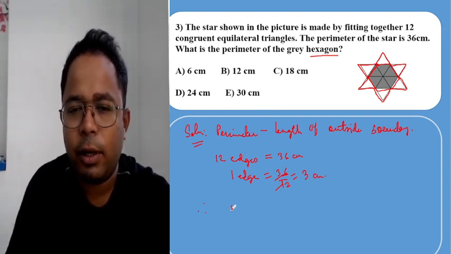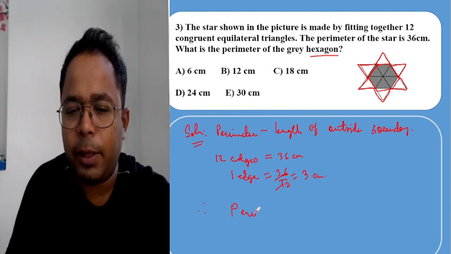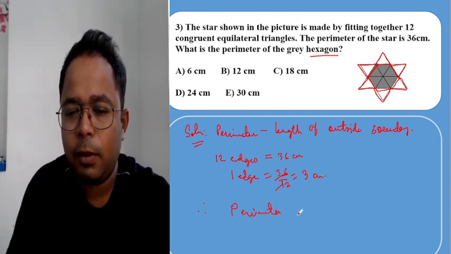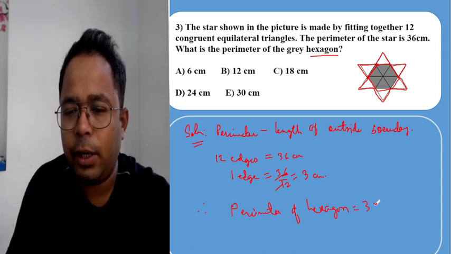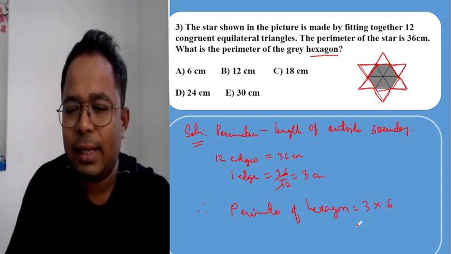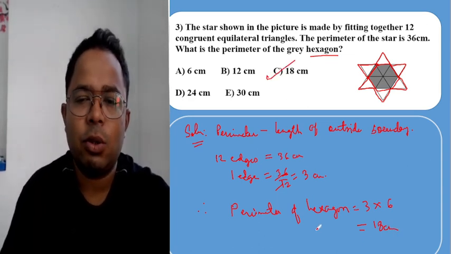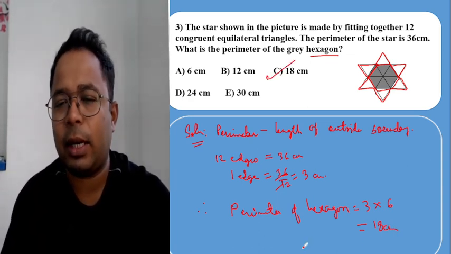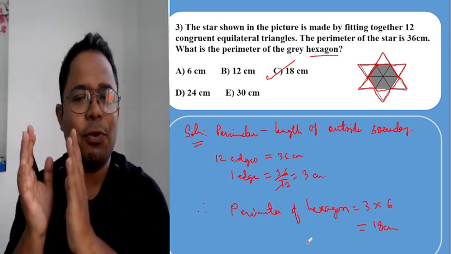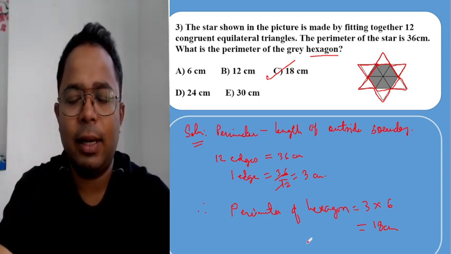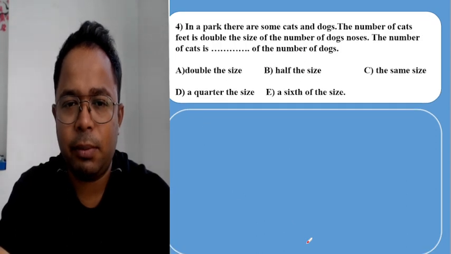So the perimeter of the hexagon would be 3 into 6 sides, which gives you once again 18 centimeter. So 18 centimeter is the correct one. Very well done, students. Let's move to the next question.